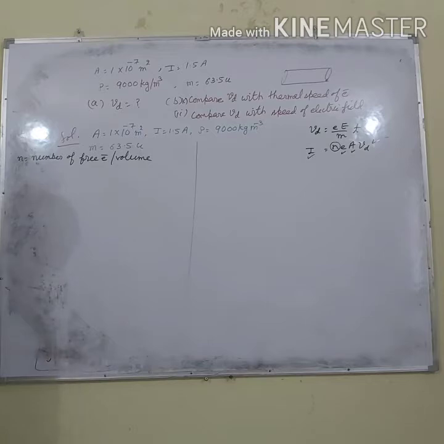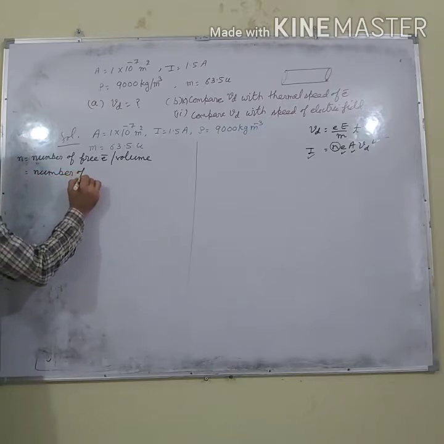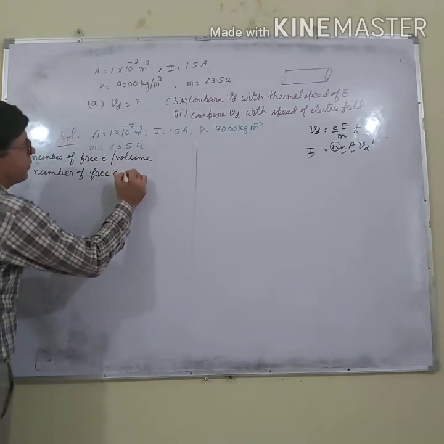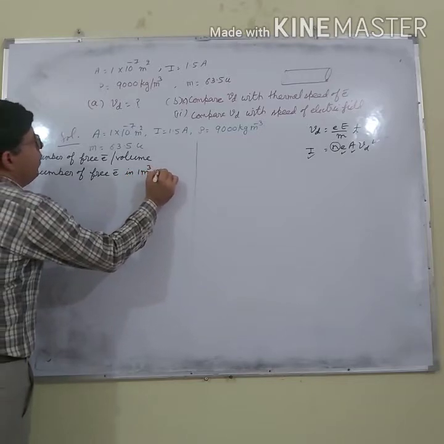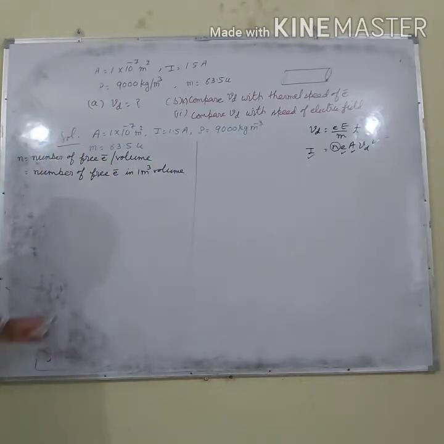So if I say n is the number of free electrons in 1 meter cube volume, it means the same. So let us calculate n.